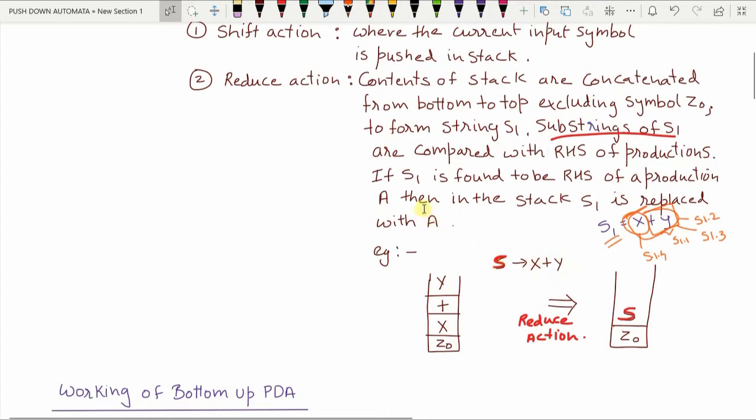Then the contents of the stack, the whole thing S1, is replaced with the left hand side of the production, S. That's the meaning of the reduce action.